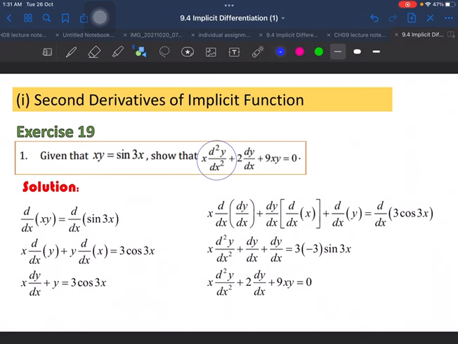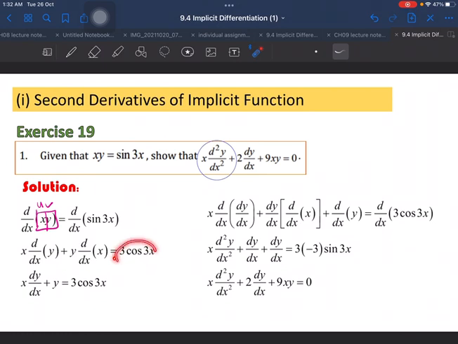We take d over dx both sides, class: d over dx xy, and then d over dx sine 3x. Make sure we know xy. We need to use product rule for xy. Differentiate xy, we get x dy over dx plus y d over dx x.